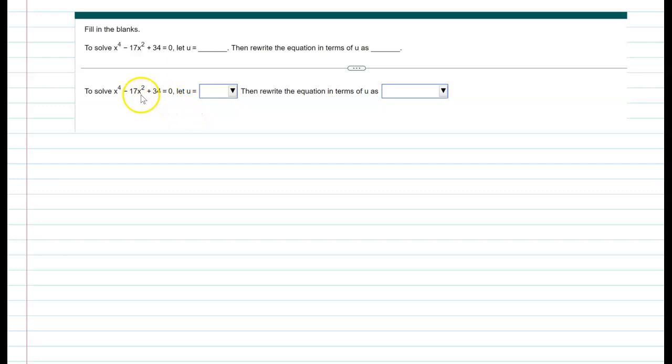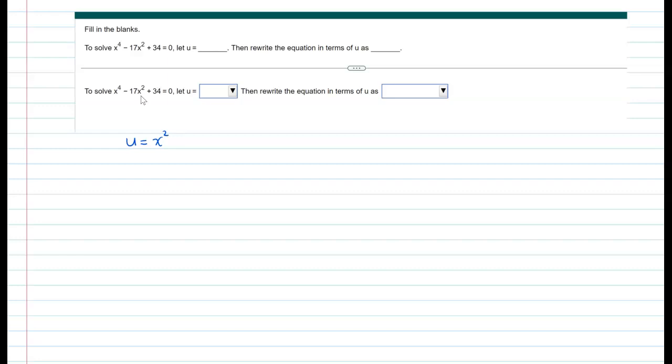If you look at the middle term here, we have x squared, and the first term is x to the 4th. Notice that x to the 4th is just the square of x squared. So let u be equal to x squared.